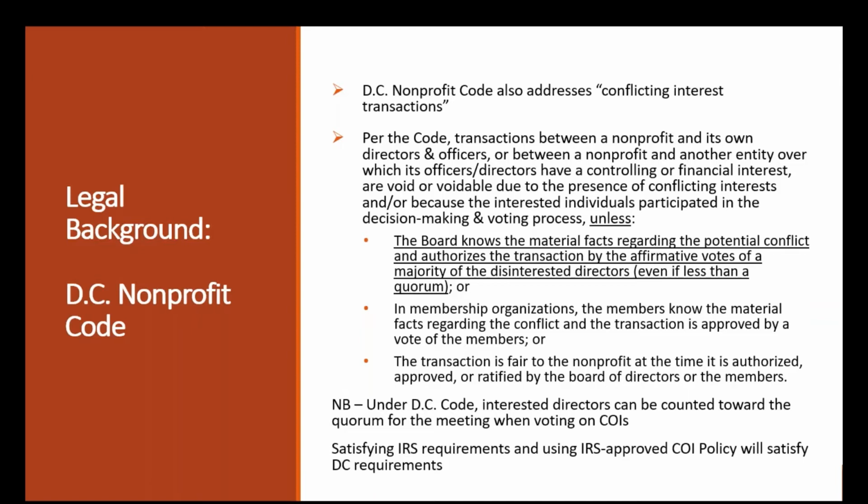So the takeaway here is that satisfying the IRS requirements and using IRS approved conflict of interest policies will also put you in a good spot with respect to the DC local rules regarding conflict of interest.